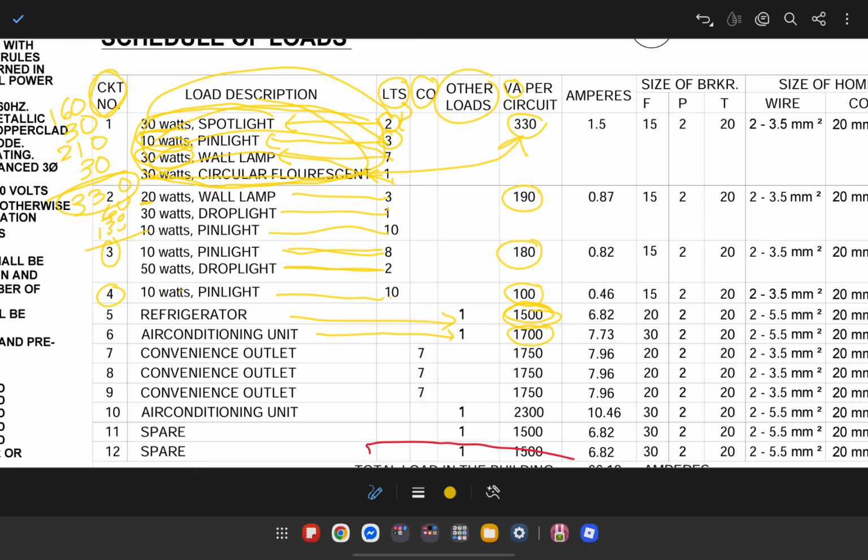With that said, it is supposedly the job of the supplier of the aircon to identify how much horsepower is needed.